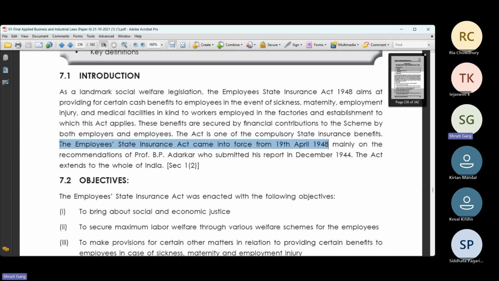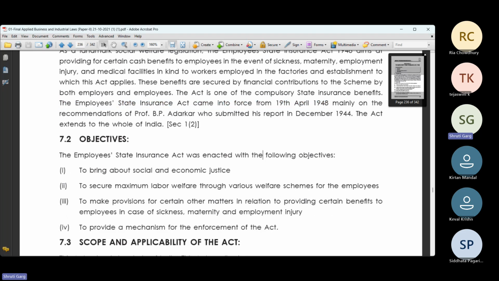So this line is important for your exam purpose. And this act extends to the whole of India.